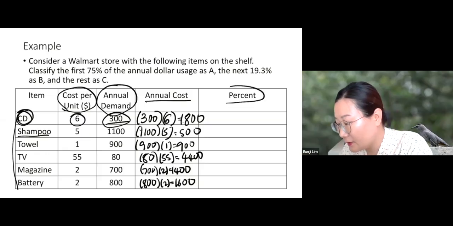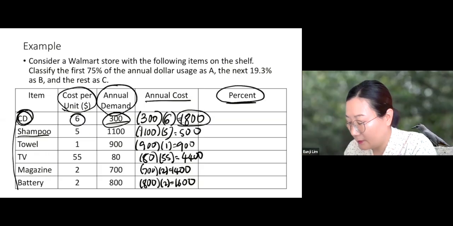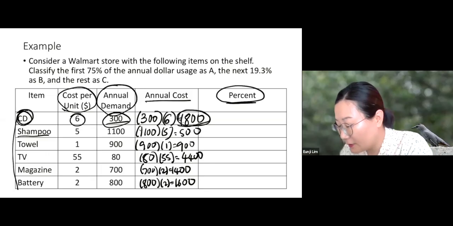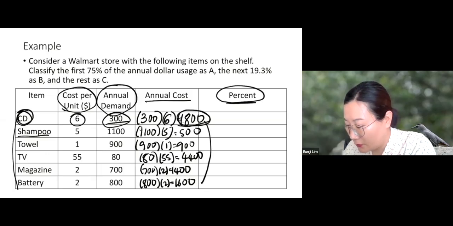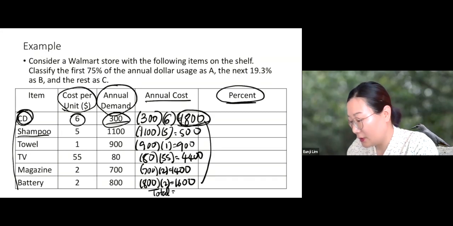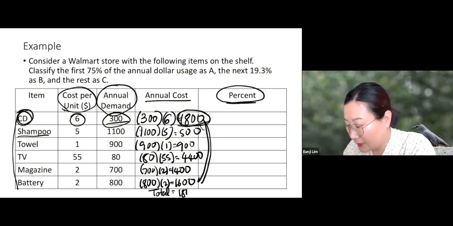Now, next, we want to compute the percentage of each dollar value, right? So what percentage is $1,800 out of the total? To compute this, first, you need to compute the total annual dollar usage, which is the sum of these numbers. So 1,800 plus 500 all the way up to 1,600.